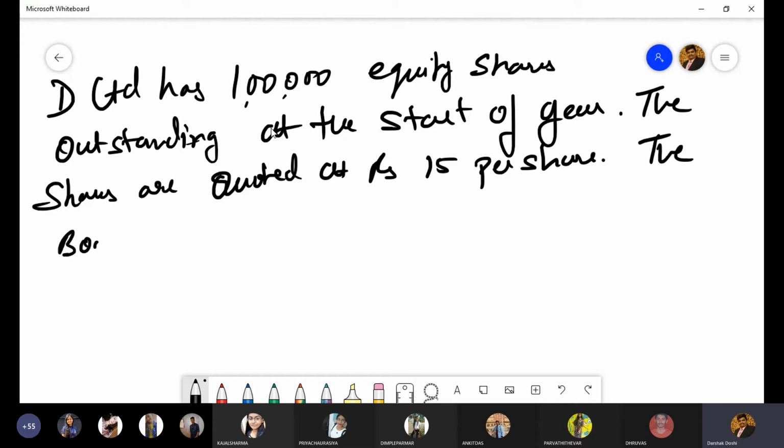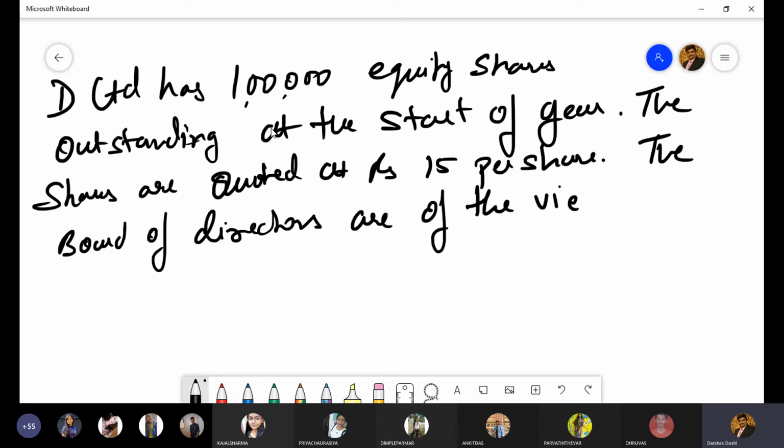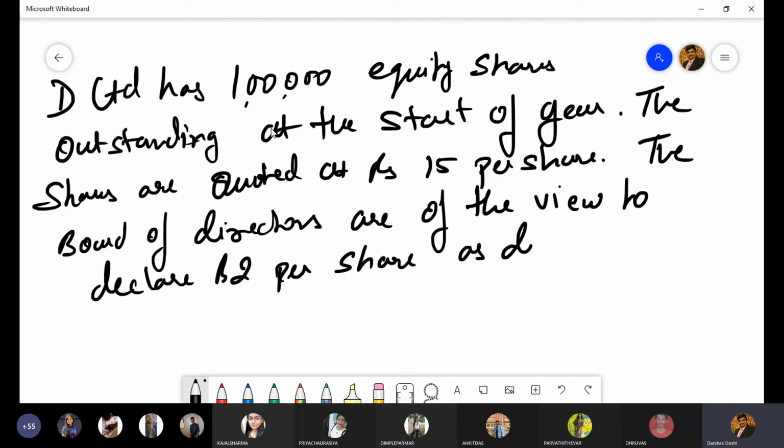The board of directors are of the view to declare 2 rupees per share as dividend at the end of the year.